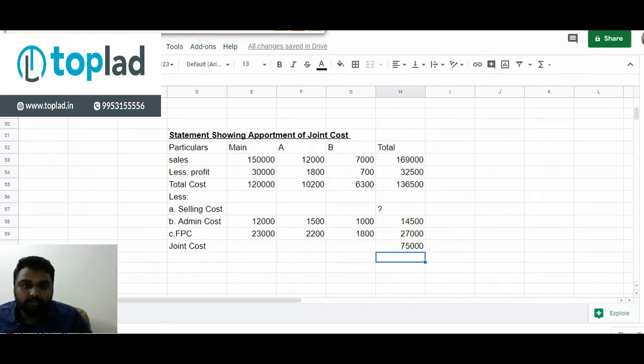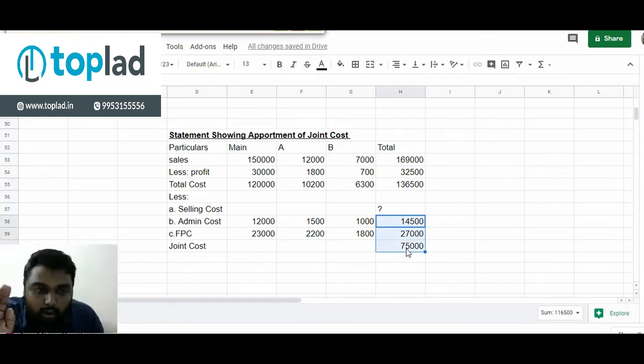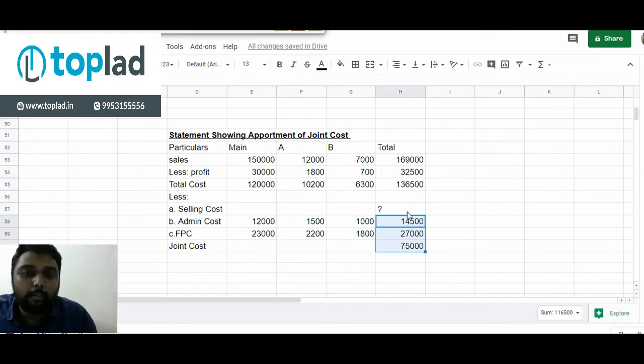Now the total cost is this much. This is all the cost other than selling cost. So what will be the selling cost? It is the balancing figure.